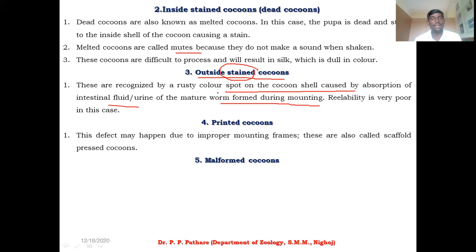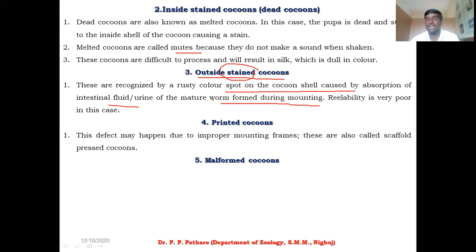Next one, printed cocoon. This defect may happen due to improper molting. During the molting, the farmers do not properly mold your cocoon, your worms. That time, such type of problem happens in your cocoon, because they can scaffold.